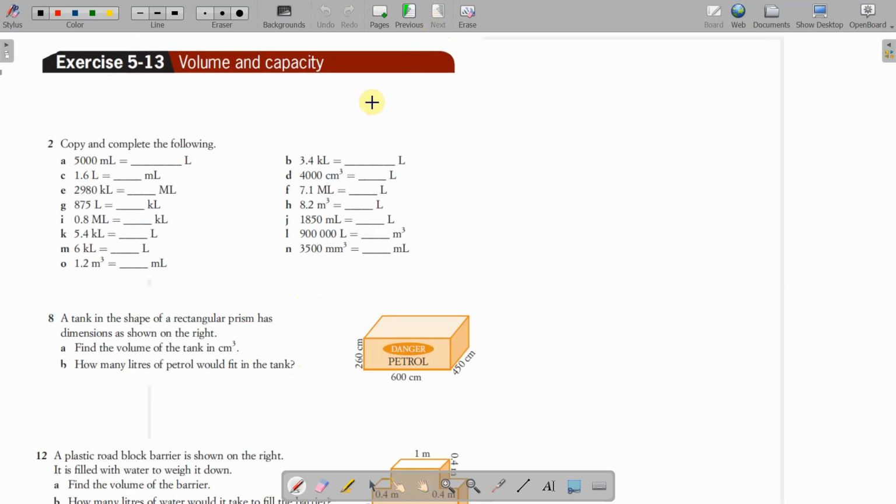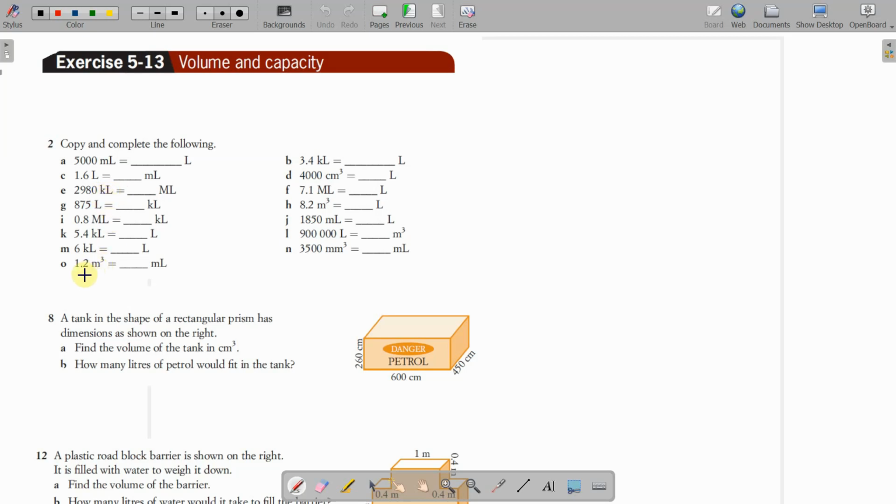Okay, so the questions. For question 2, please write out the whole of the question, including the blank missing number. Always remember: smaller unit to larger, divide; larger unit to smaller, multiply. That's a smaller unit to a larger one, because megalitres is larger than kilolitres.